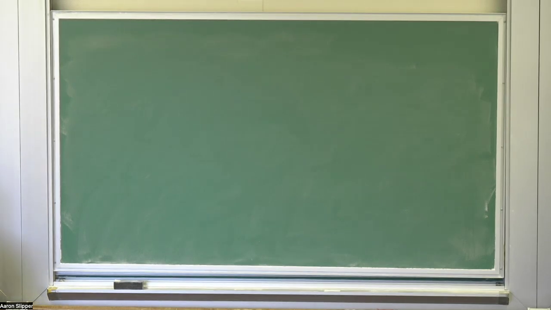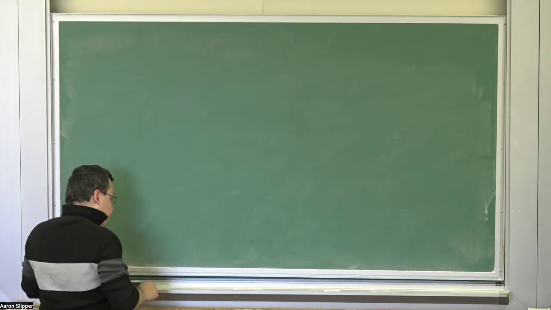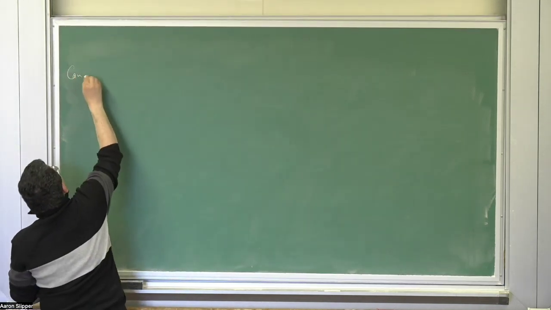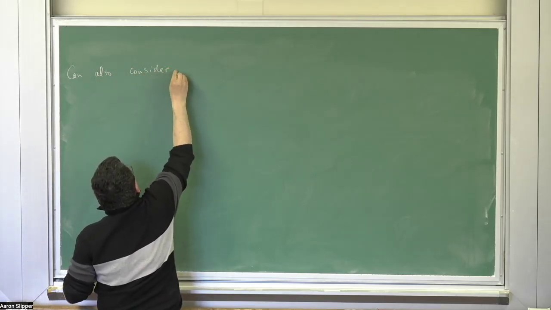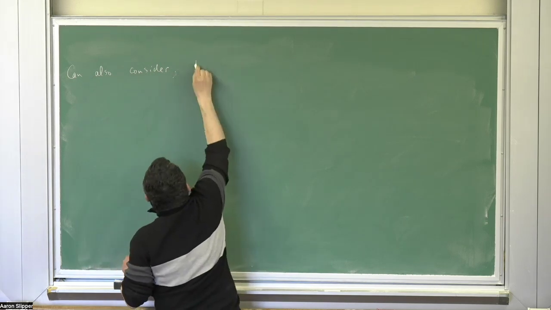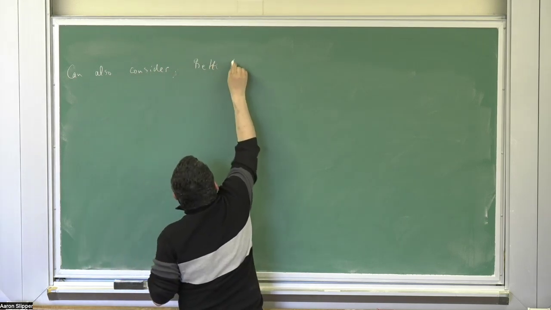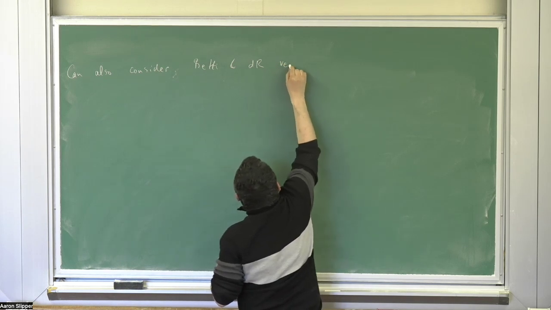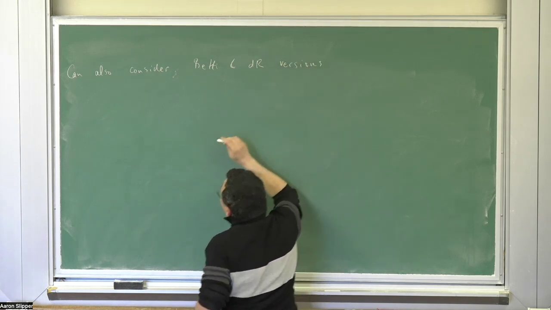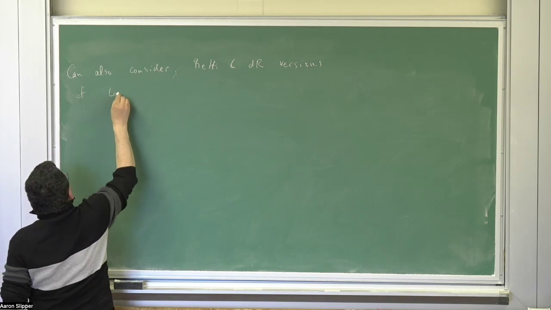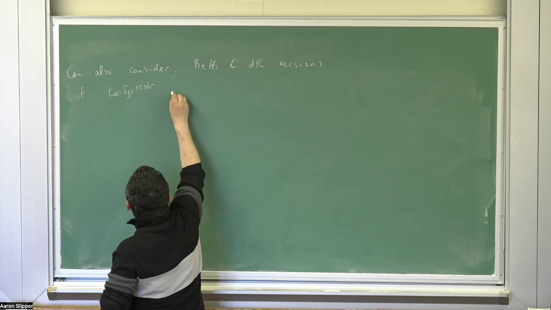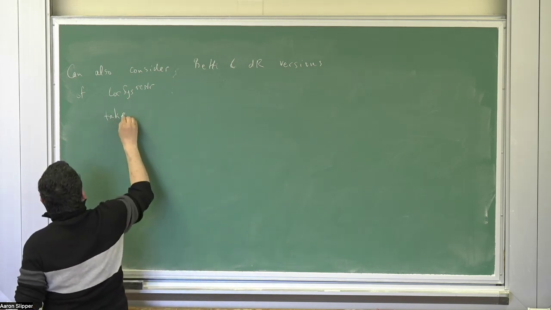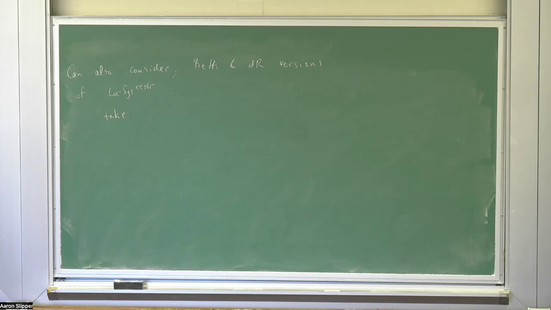Let me try to do so. Note that we can also consider Betti and de Rham versions of this restricted version. I just have to name what this quasi-lisse thing means.